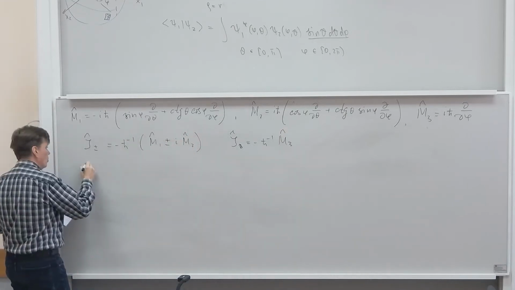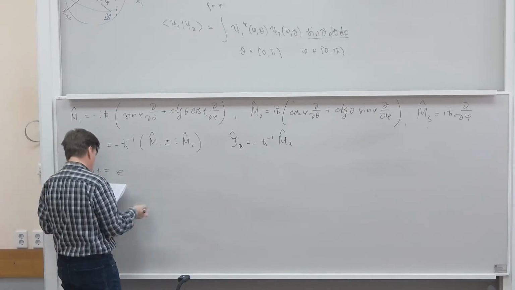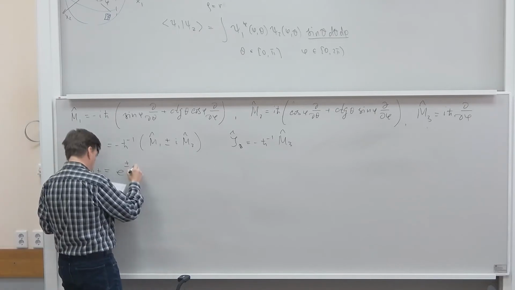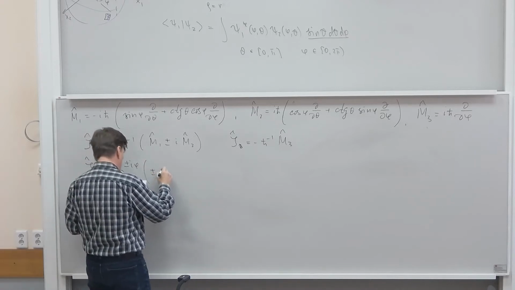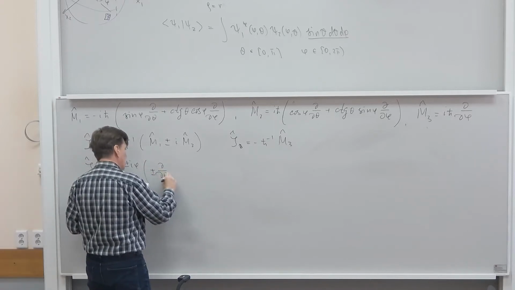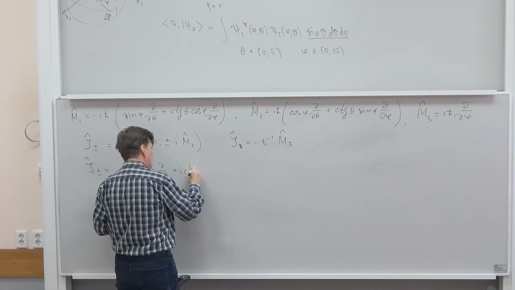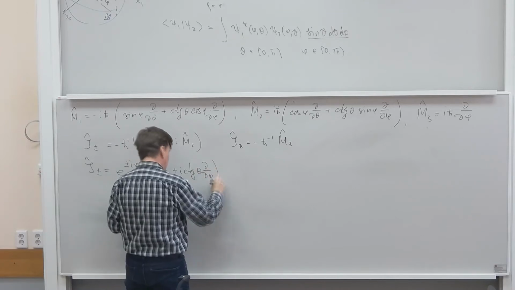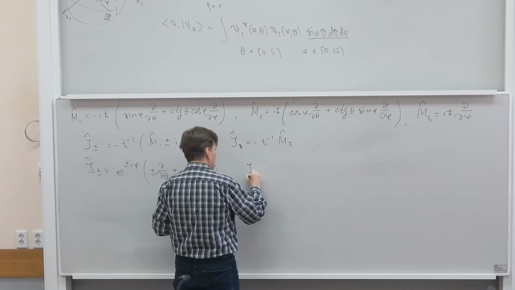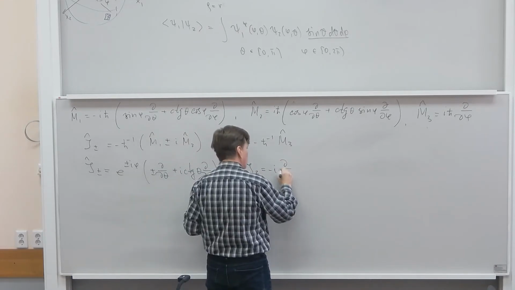So for J plus minus, we get exponential of plus minus i phi times plus minus d by d theta plus i cotangent theta d by d phi, and J3 is just minus i d by d phi.